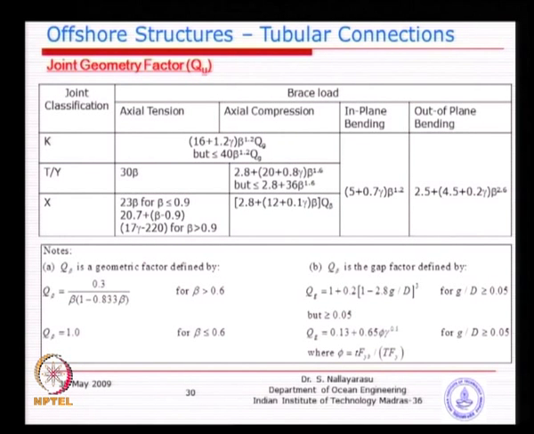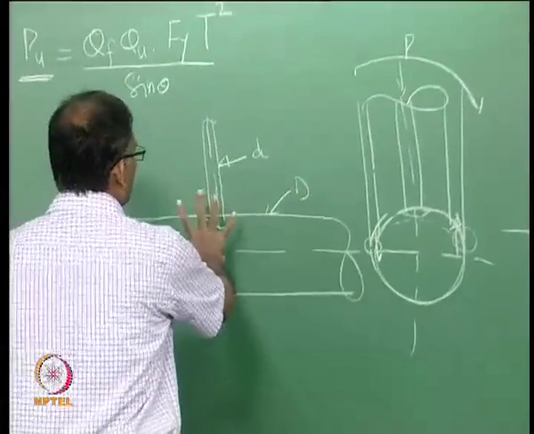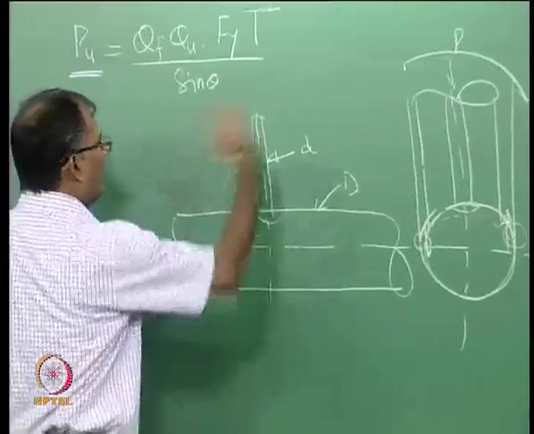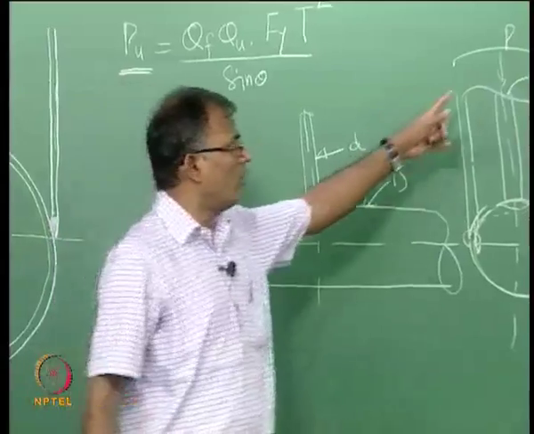And you see here 4 types of loading patterns. You have axial tension, you have axial compression, you have in-plane and out-of-plane bending. I hope all of you understand what is in plane and out of plane. In the plane of the joint, something like this is in plane, and perpendicular to it, this is out of plane.